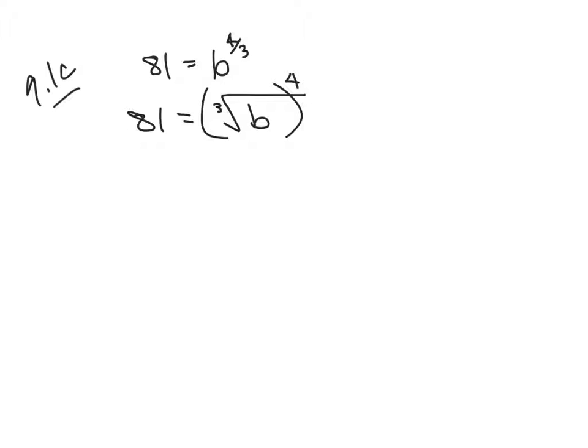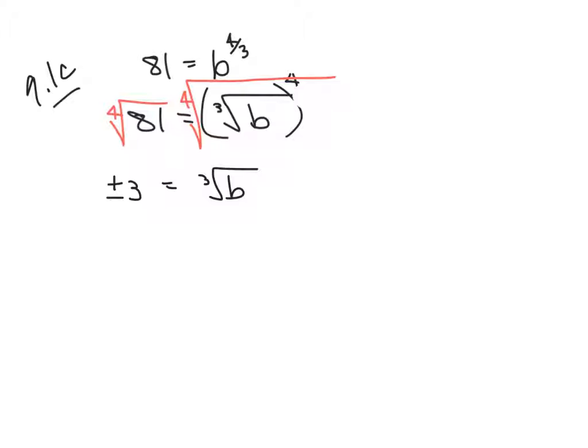It doesn't really matter, they both mean the same thing, but I'm going to write it that way because I am going to want to take the 4th root of both sides to get rid of this 4 right there. So when I take the 4th root of that, I get plus or minus 3 equals the cubed root of b.